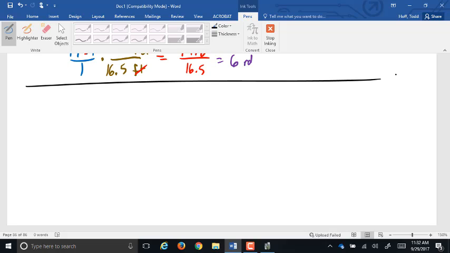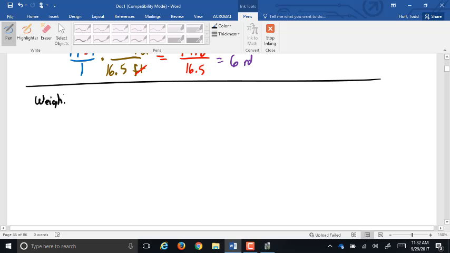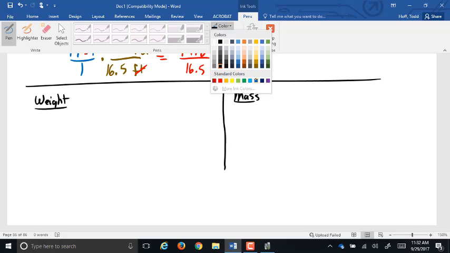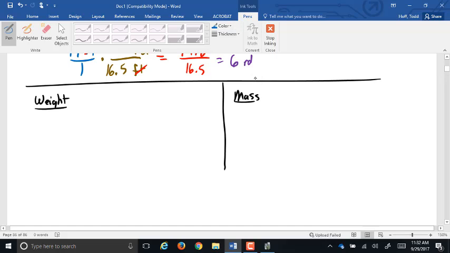Before we can talk about weight, I want to talk a little bit about what is the difference between weight and mass. They tend to get used interchangeably, but there are some key differences between them. Mass is actually, the scientific definition is the amount of matter in an object.